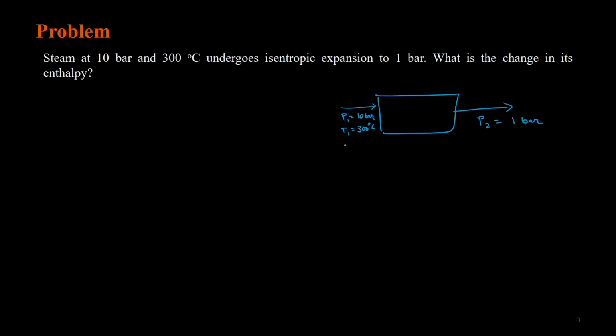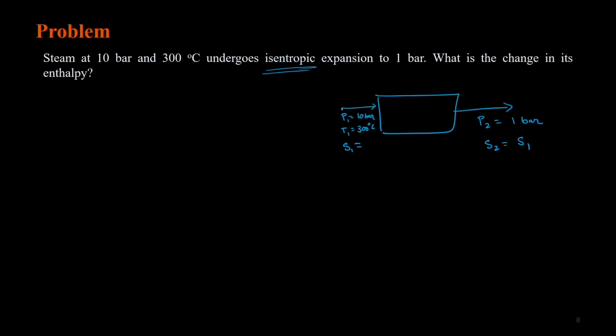And what I again know is that the entropy is same. S2 is S1 because the process is isentropic. Similar to isobaric process where the pressure is same, isentropic process indicates the entropy is same.